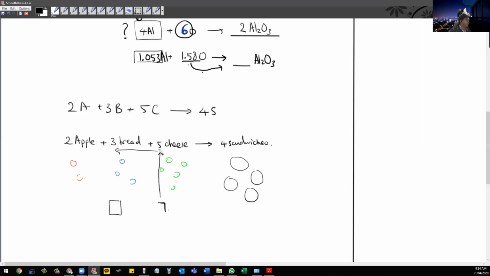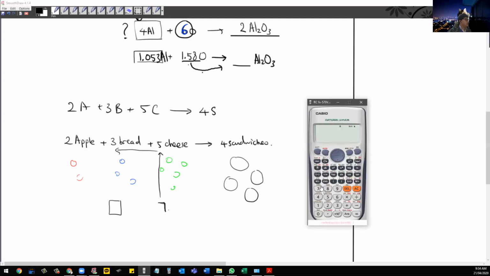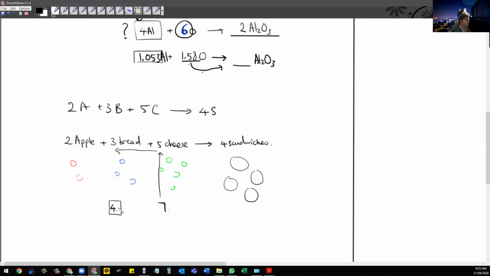All right, so 7 divided by 5 times by 3, and that gives me 4.2. That makes sense. So 3 to 5 is the same ratio as 4.2 to 7. Make sense?